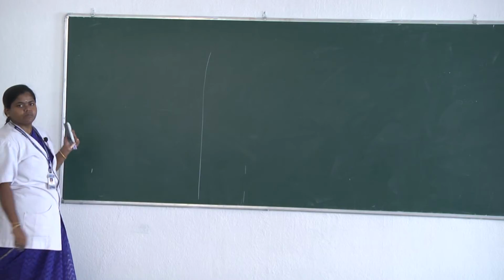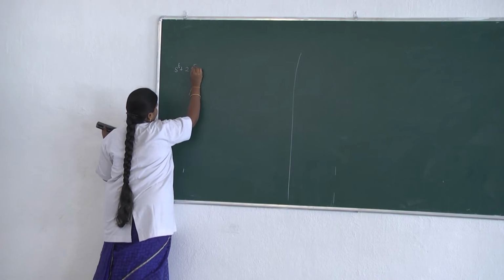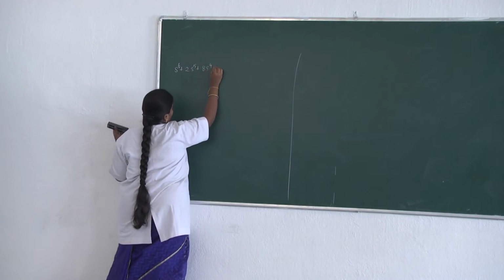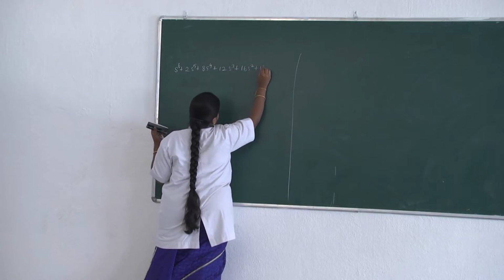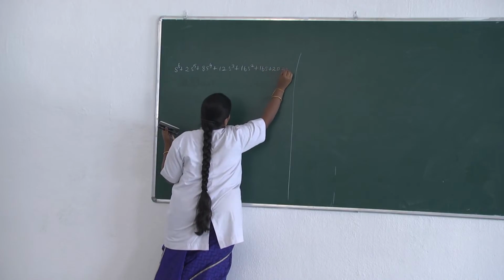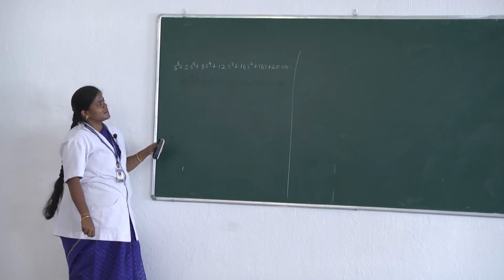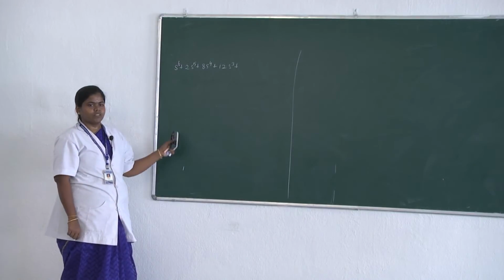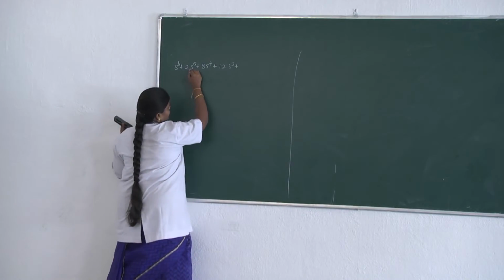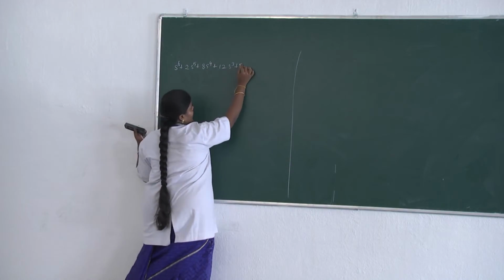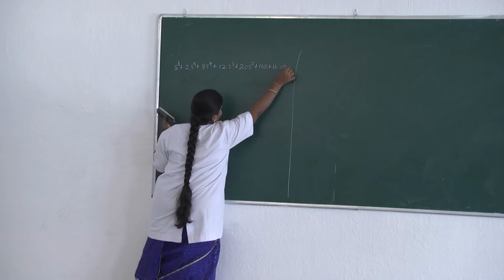Let me consider a system with the characteristic equation s^6 + 2s^5 + 8s^4 + 12s^3 + 20s^2 + 16s + 16 = 0.